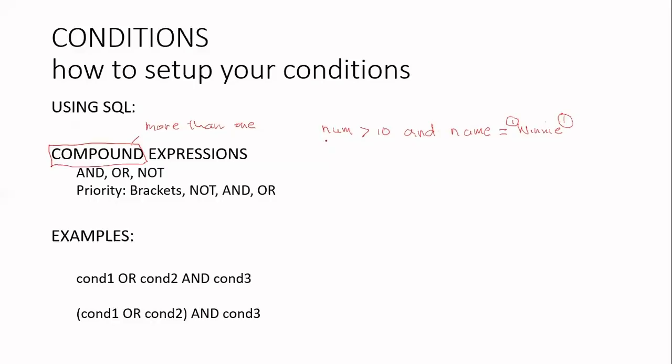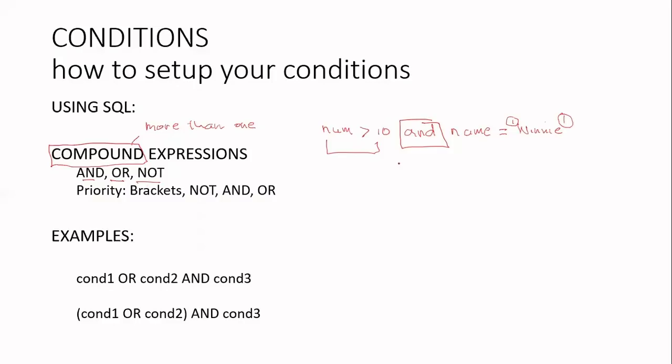So there are 2 separate conditions, and we join the conditions using the AND operator. You could use different operators, either the AND, you could have an OR, you could also have a NOT. And each of these operators has priority.